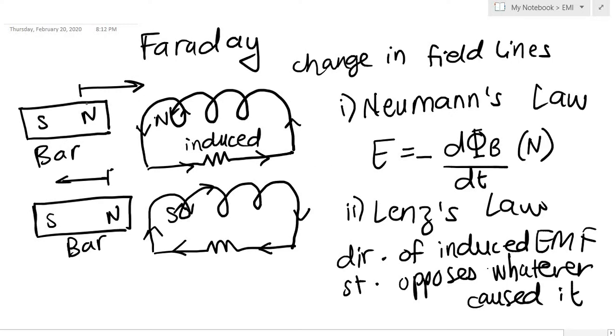And look at the first example. When the magnetic flux increased, it didn't like it, it tries to oppose the increase. So the current was flowing in the opposite direction. Same with the second example. When there was a decrease in magnetic flux, then current flowed in such a way so as to oppose this change. That's why we have this negative sign, because both of their directions are different.